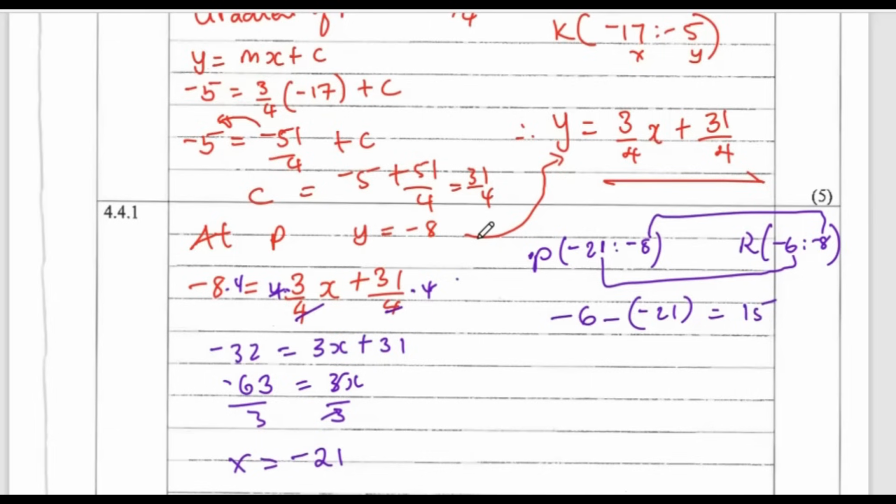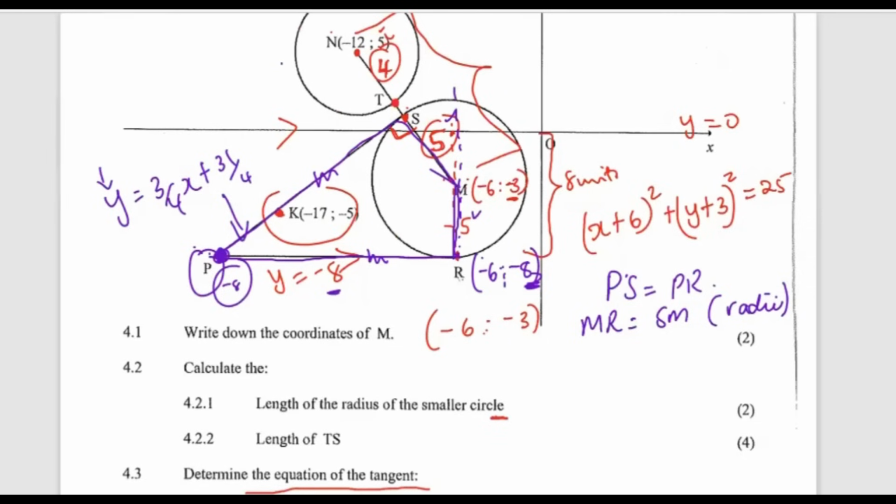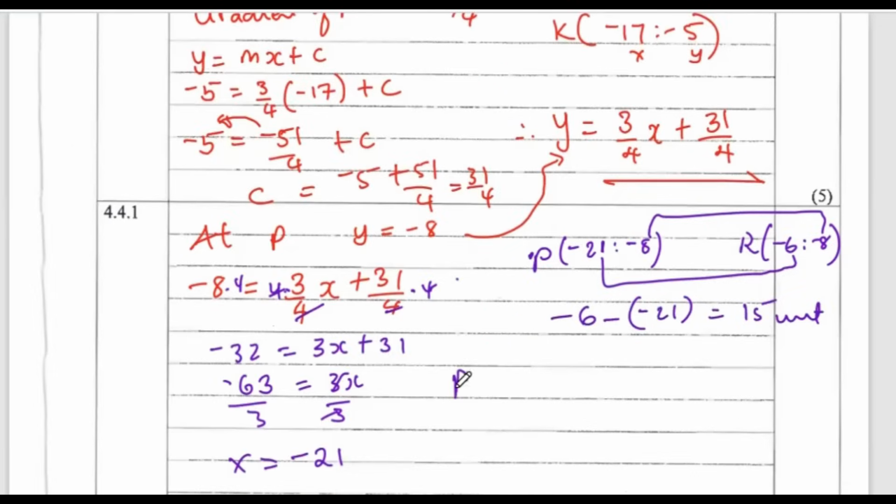Are you sure? Yeah, 15 units. Okay, then perimeter. So remember, if I get my perimeter, the conditions will say PS is the same as PR. PS is the same as PR. Reason: tangents from a common point.